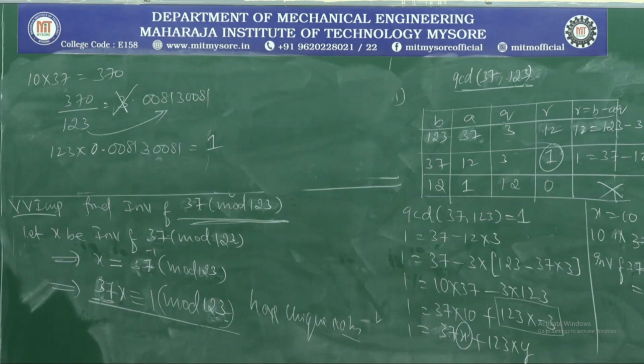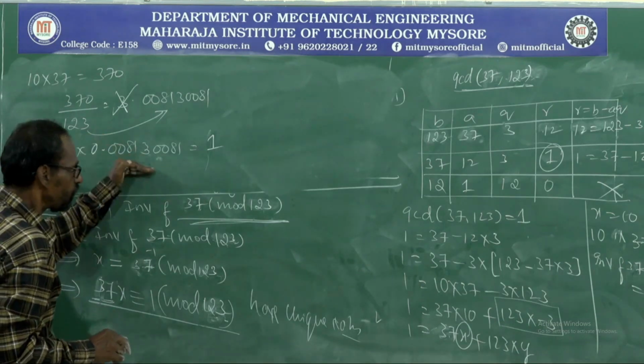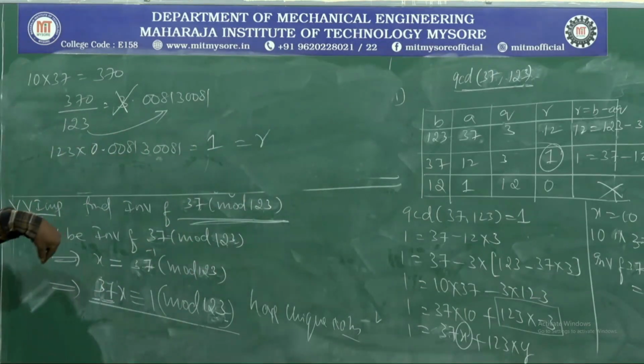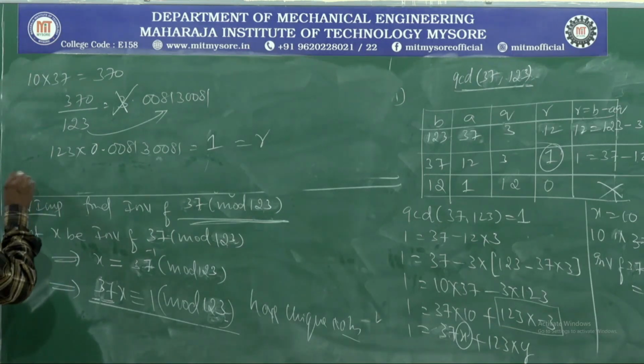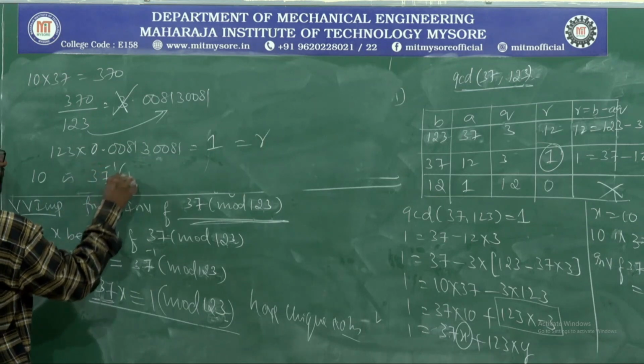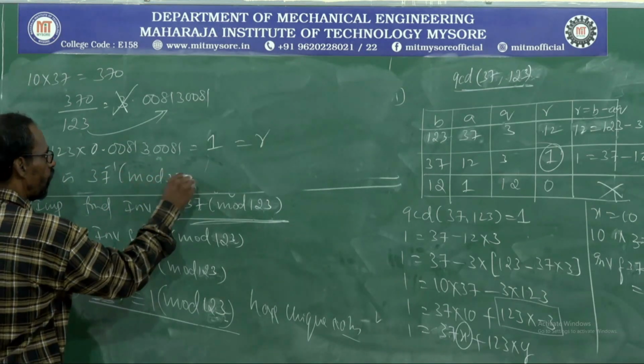Using a calculator, you can do much of the work. 123 multiplied by the decimal value is 1. The final remainder is 1. Once the remainder is 1, obviously it is the inverse. So this cross checks: 10 is the inverse of 37 under modulo 123.